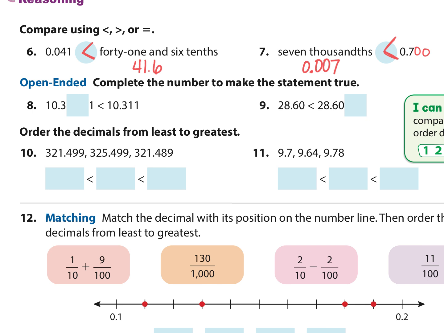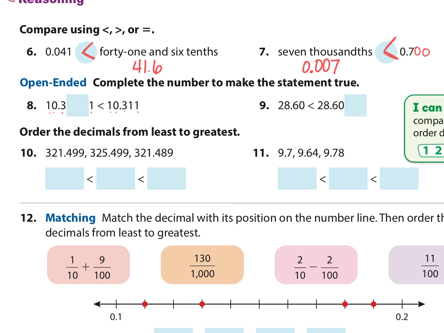Okay, complete the number to make the statement true. I want to make a number that is less than 10 and 311 thousandths. So right now I have 10. Okay, these digits are the same, 10. The tenths digit is the same, and the thousandths digit is the same.